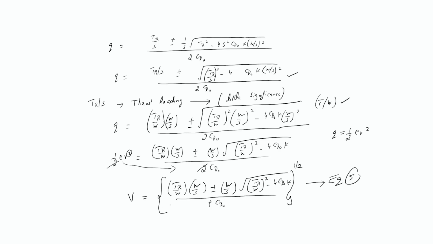So this equation 5 is actually giving us two velocities. We have plus or minus over there, right? It's giving us two velocities with a given value of thrust required.